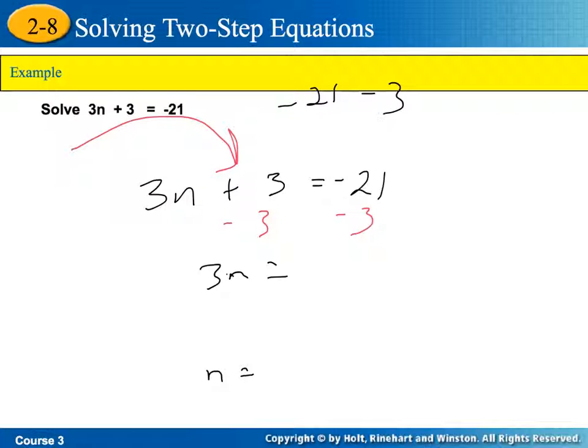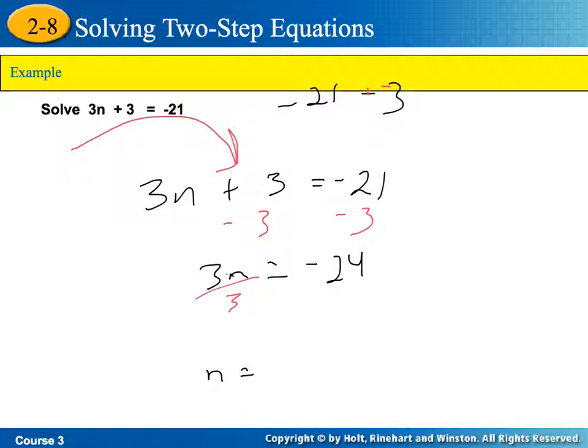Notice how I rewrote this here, so I can see I need to add its opposite. That's one of the tougher things to remember: we have to add its opposite, and we're going to take -21 plus a -3 to get -24. Not -18, we get -24. How do you get rid of the 3?